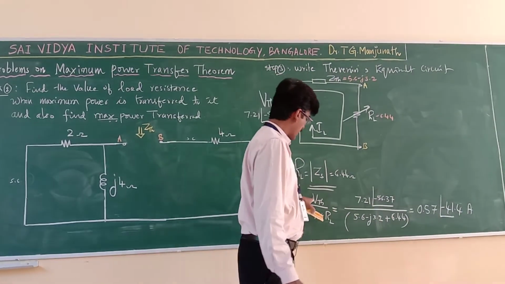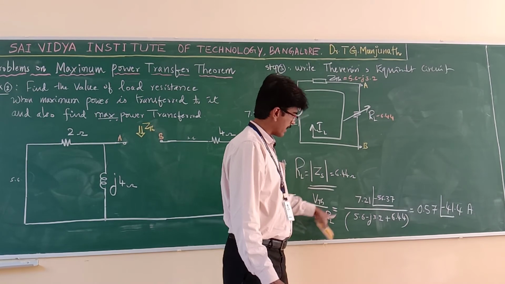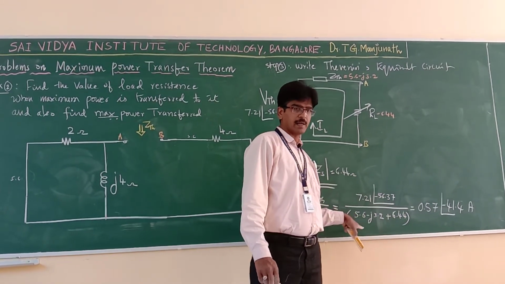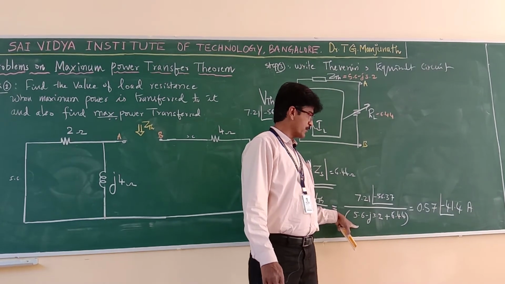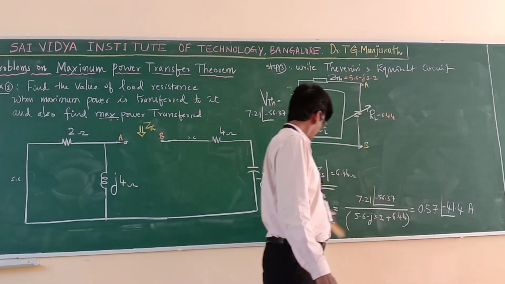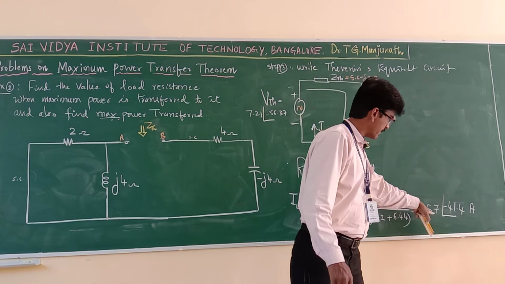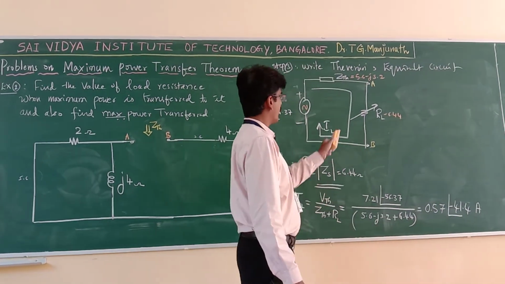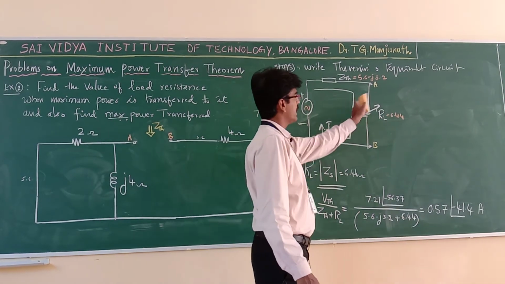Now substituting the values of V Thevenin, Z Thevenin and RL, and keeping the calculator in complex mode, we get the value of IL is equal to 0.57 at an angle minus 41.4 ampere. After finding the value of current, you can find the power.